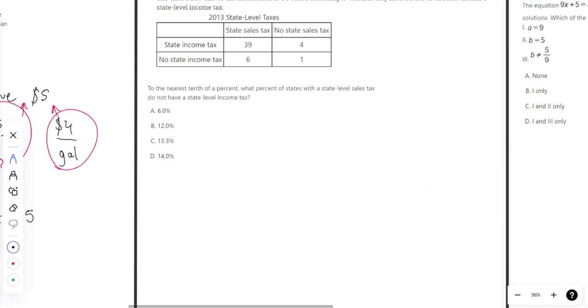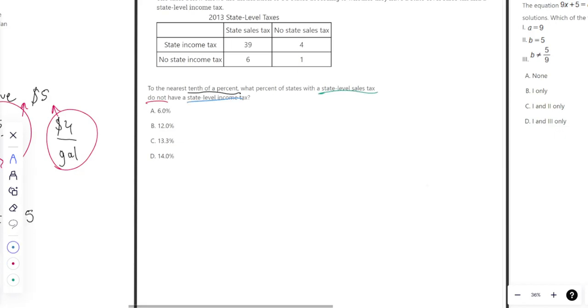Next one is a table question. The table below shows the distribution of U.S. states according to whether they have a state-level sales tax and a state-level income tax. To the nearest tenth of a percent, what percent of states with a state-level sales tax do not have a state-level income tax?